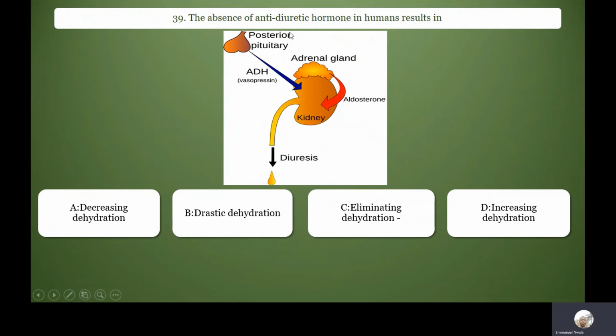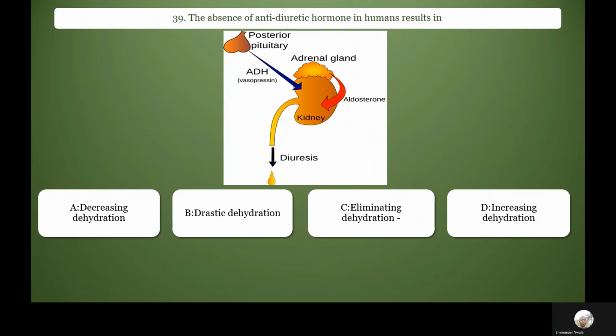The absence of antidiuretic hormone in humans results in, the correct option here is D, increasing dehydration. Antidiuretic hormone, ADH, is produced when we are dehydrated.